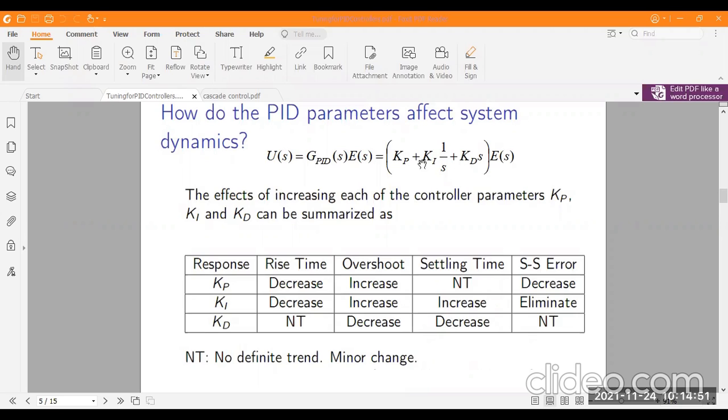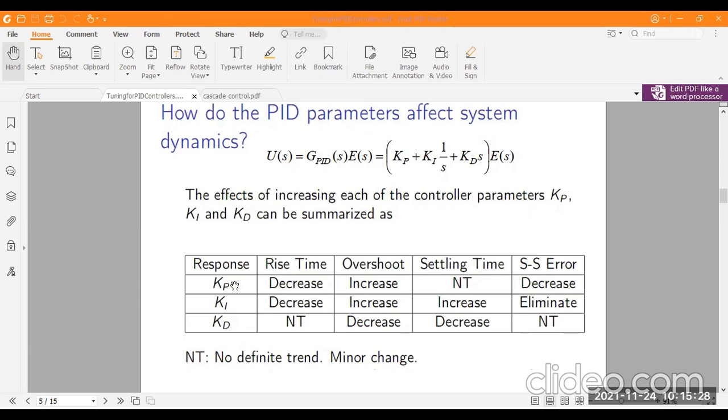Steady state error is eliminated in the integral control system. Then for Kd, the derivative controller, rise time shows only minor changes, but overshoot always decreases, settling time also decreases, and steady state error shows only minor changes.